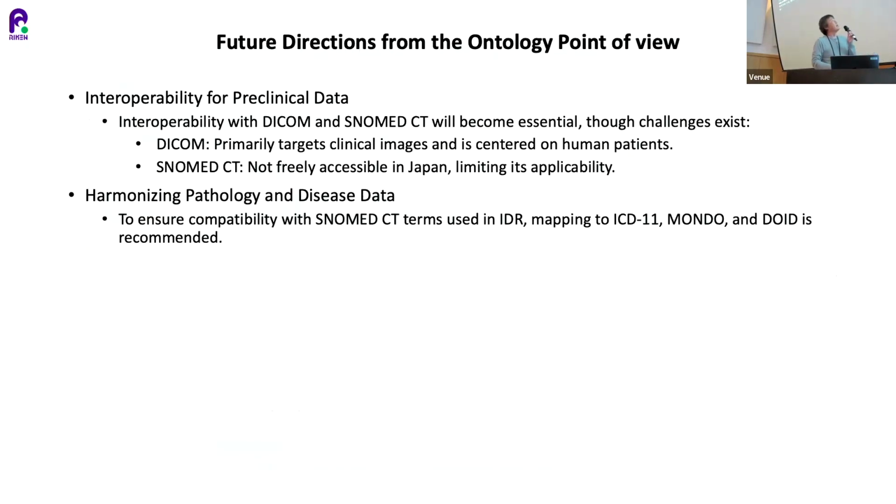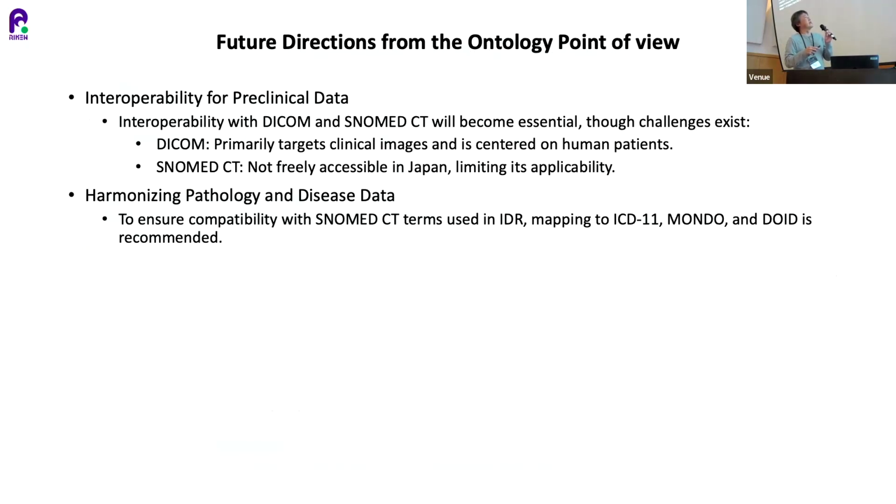So looking at it from this point of view, we need to think about the interoperability of the preclinical data. That is one of the future goals of our foundingGIDE project. We need to have some ontology to connect the microscope data and the preclinical imaging data.